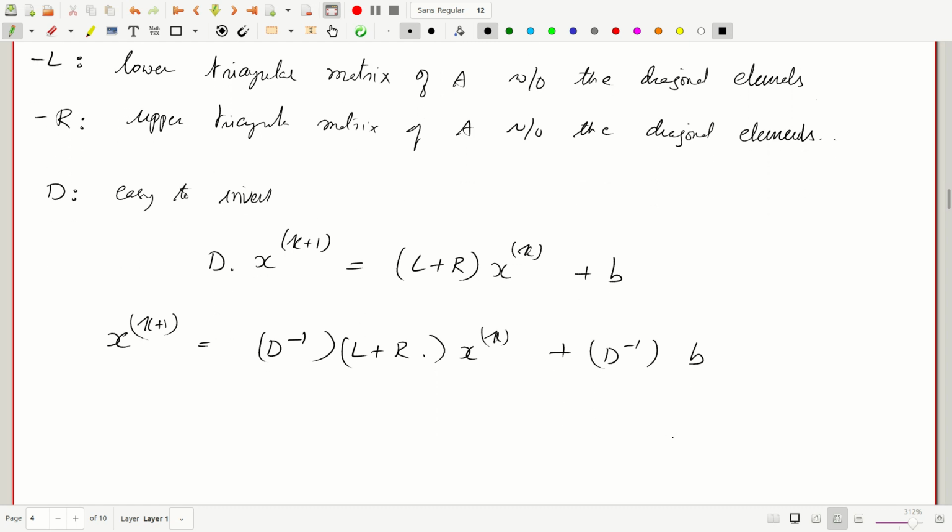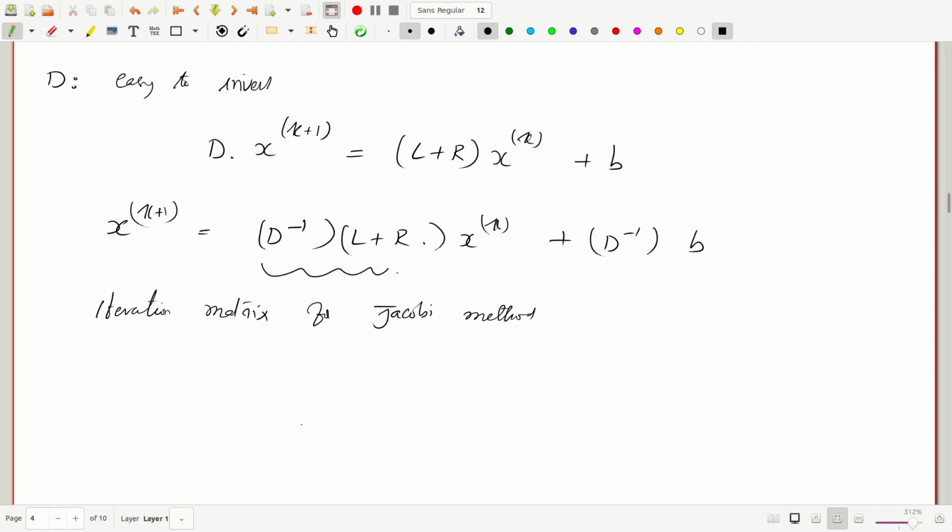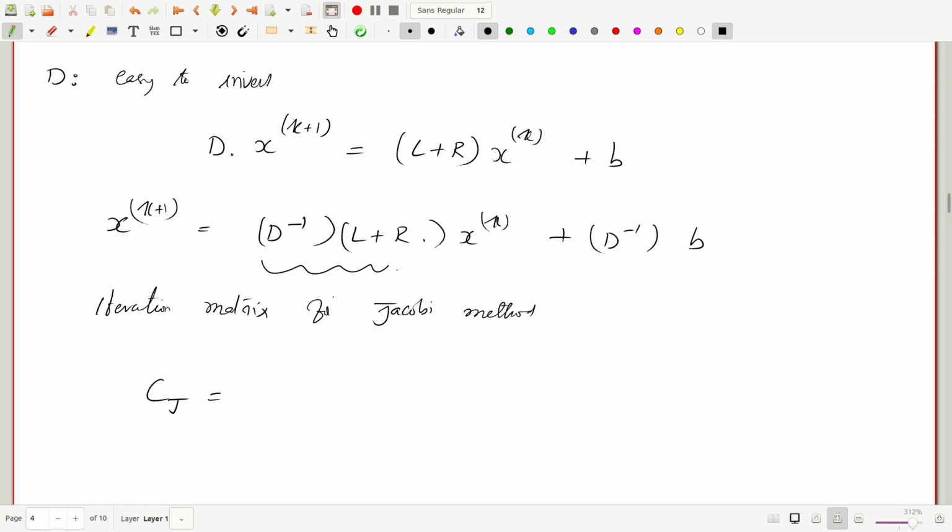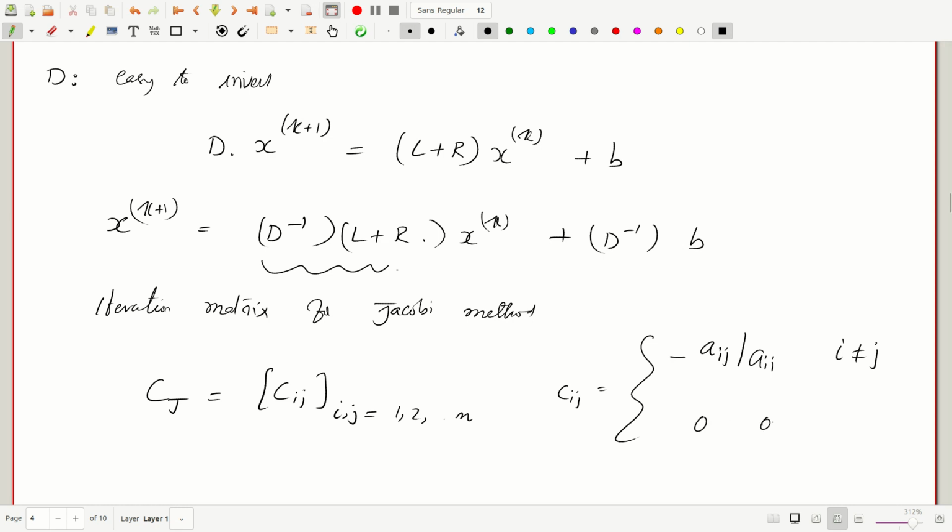That means what we have is the iteration matrix for the Jacobi method, which is given by C Jacobi equals D inverse times L plus R. This can be written as C_ij elements where i, j go from 1 all the way to n, and C_ij would be equal to minus A_ij upon A_ii for i not equal to j, and equal to 0 otherwise.